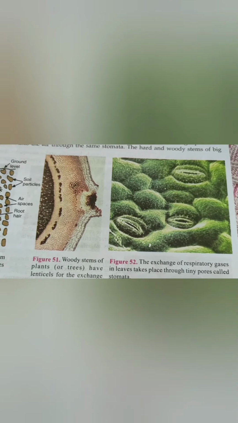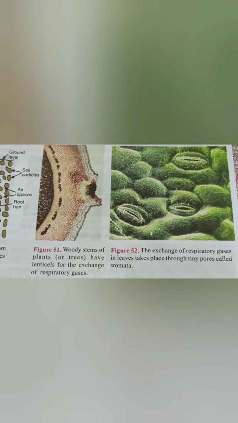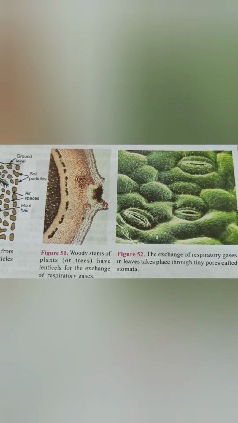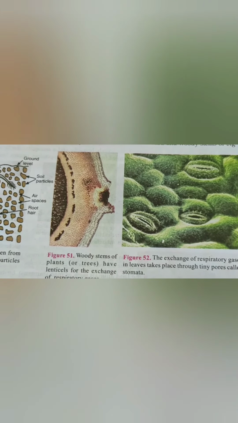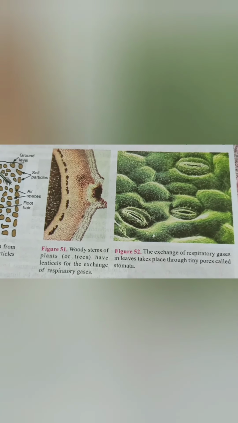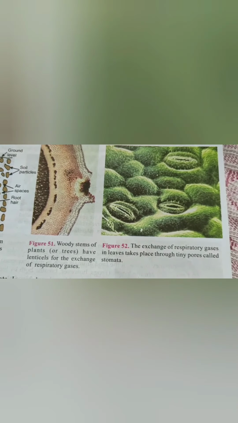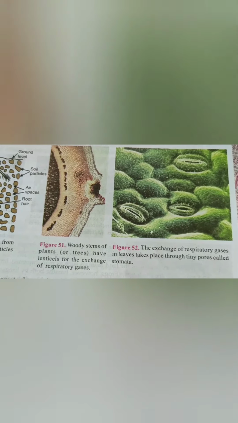Through the stomata, carbon dioxide can diffuse out as a result of respiration, and oxygen can diffuse out as a result of photosynthesis during the daytime. Depending upon the requirement of the plant, whether carbon dioxide is to be diffused in or oxygen is to be diffused out during the daytime, the stomata are the vital organ through which exchange of gases takes place in plants.